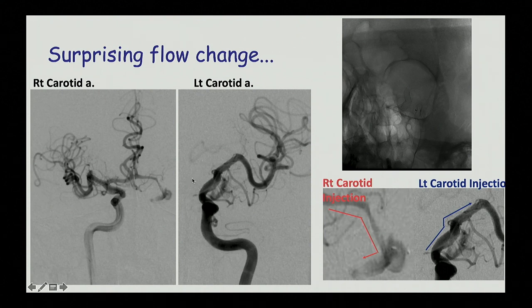And if you look carefully, so I told you before we placed two flow diverters, and there is a small gap here between the two, and the flow is going through at the level of the gap. So there is not a complete placement of the flow diverter.